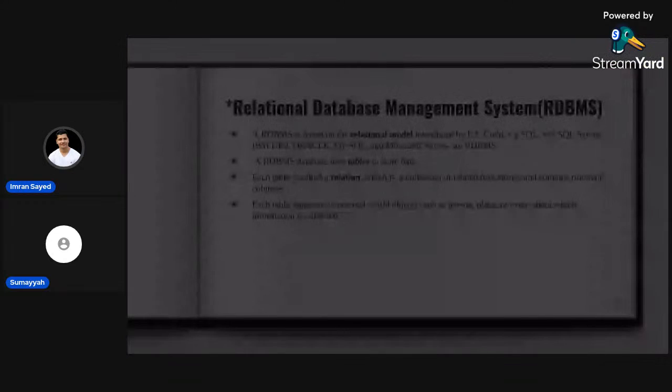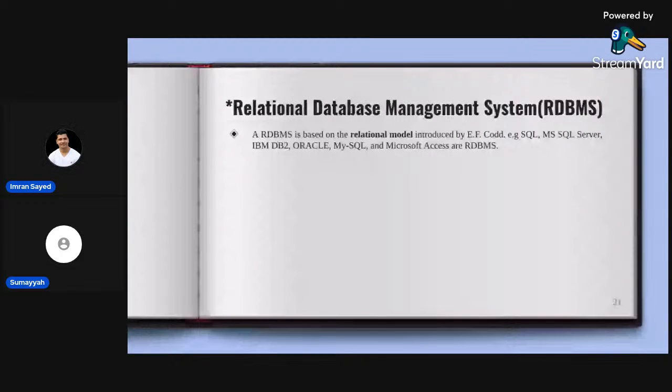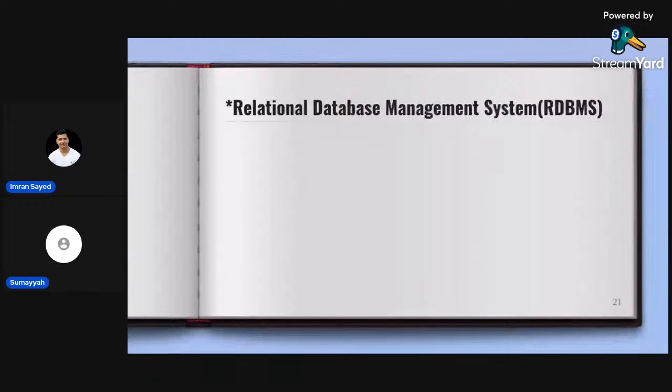So what is a relational database management system? A relational database management system stores data in the form of tables or relations, and each relation represents some object. Okay. Who was it invented by? By E.F. Codd.